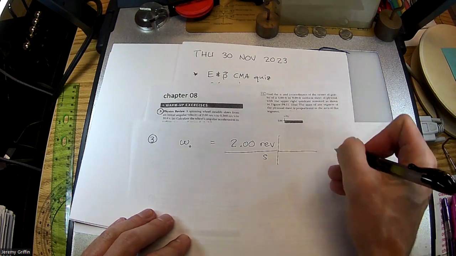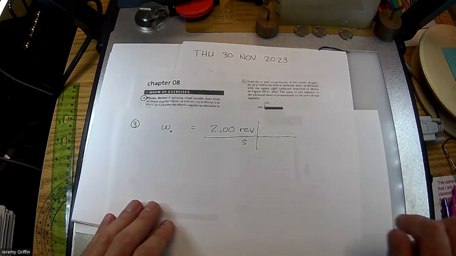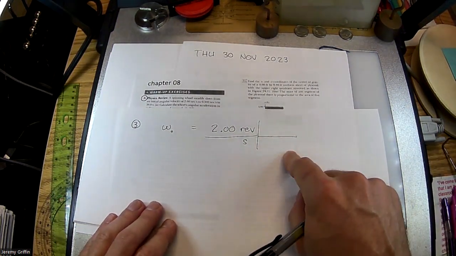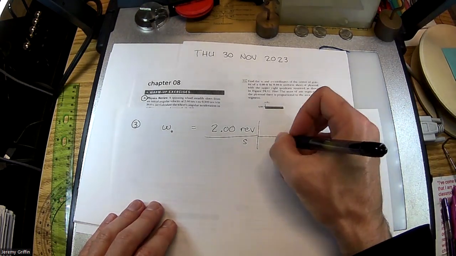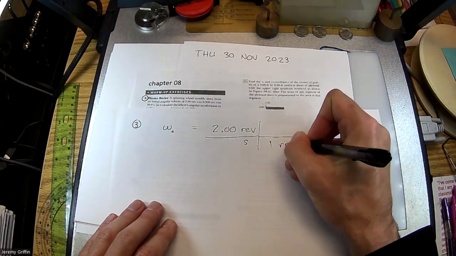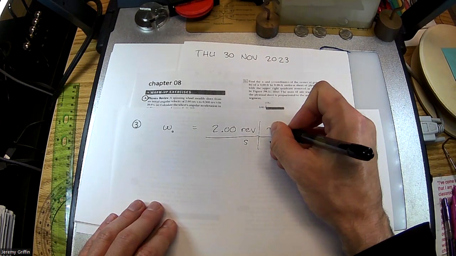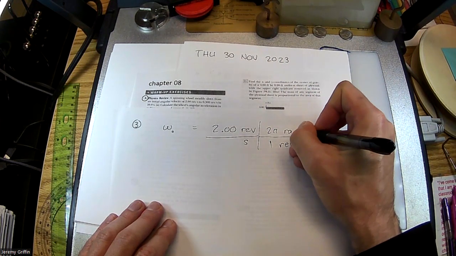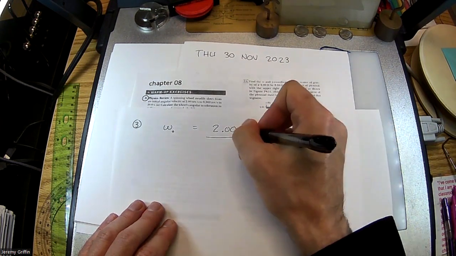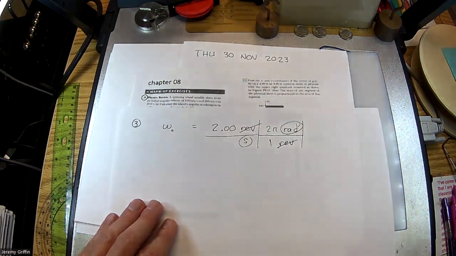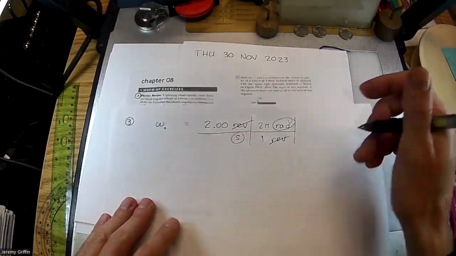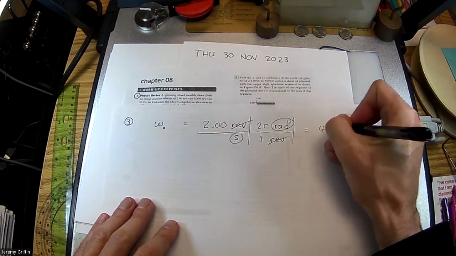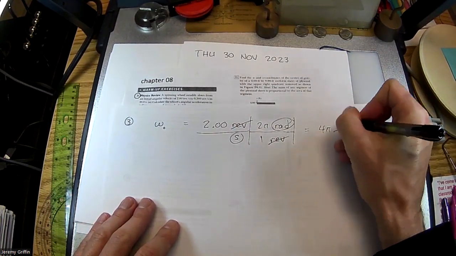We want radians per second. So how are you going to convert that? 1 revolution is how many radians? 2 pi radians, right? Gives you radians per second right there. So that'd be 4 pi radians per second.